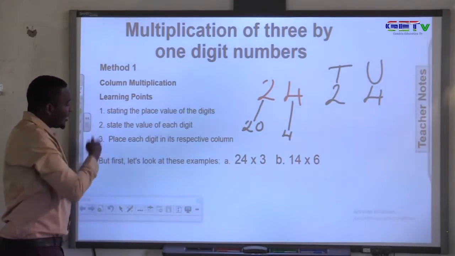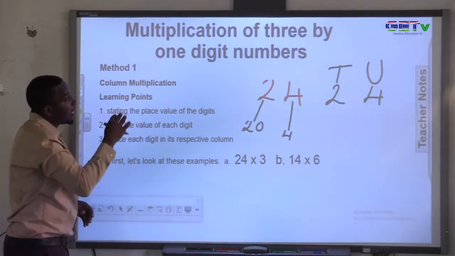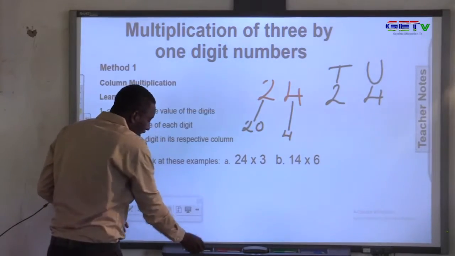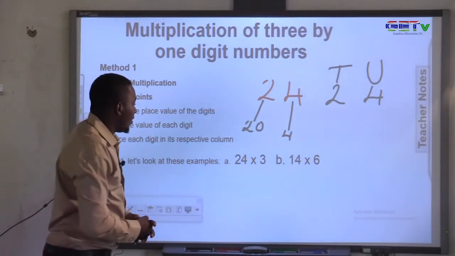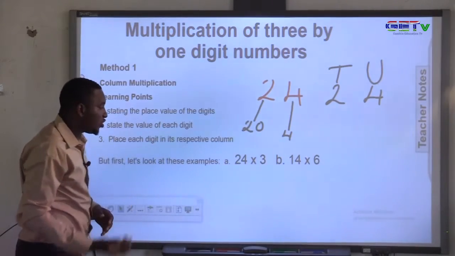Those are the 3 key things that we are going to follow in order to solve multiplication of 3-digit by 1-digit numbers. But before we get into the topic proper, we'll have to look at multiplication of 2-digit by 1-digit numbers.